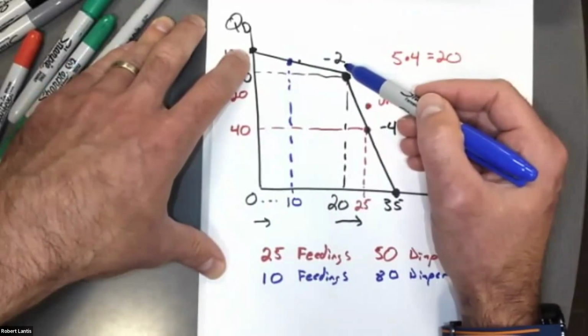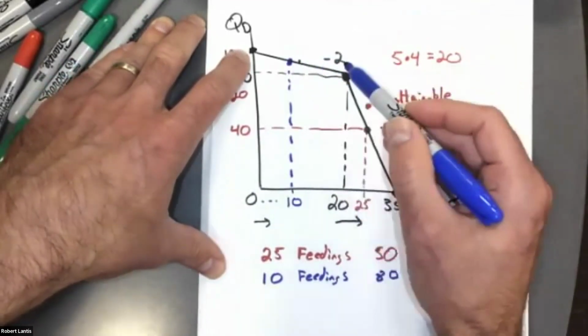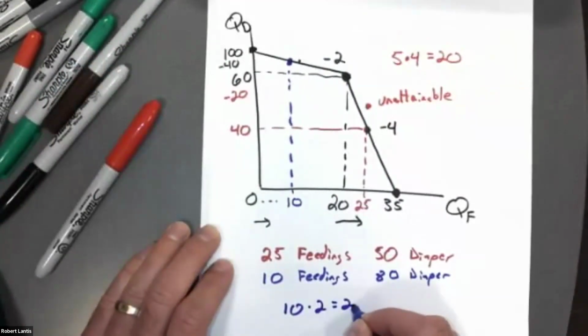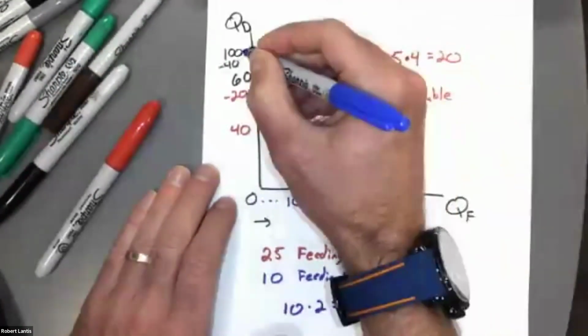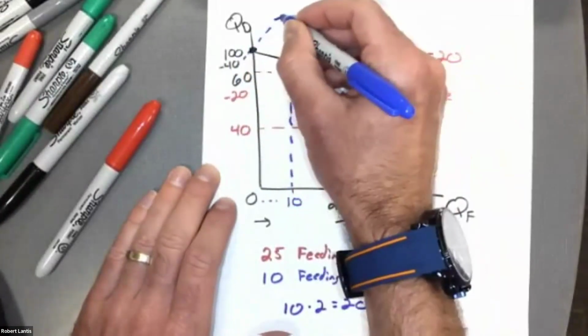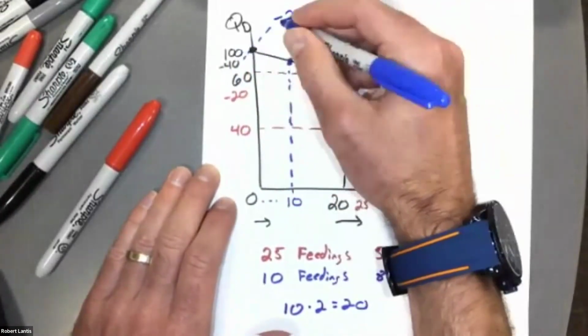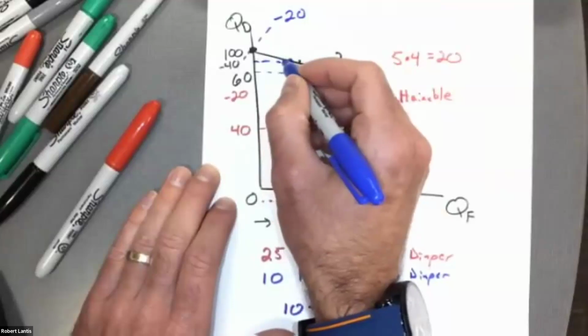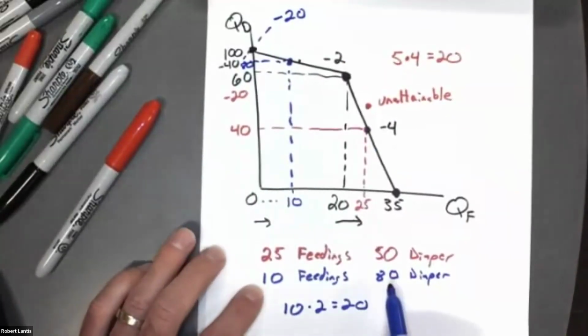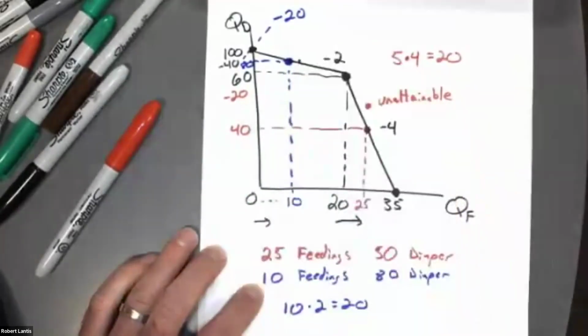I haven't used all of her resources yet. So each one is going to cost me 2 diaper changes. So the total cost would be 20. So if I go from here to here, I'm losing 20. So 100 minus 20 would be what? 80. So sure enough, that point of 10, 80 is on the curve.